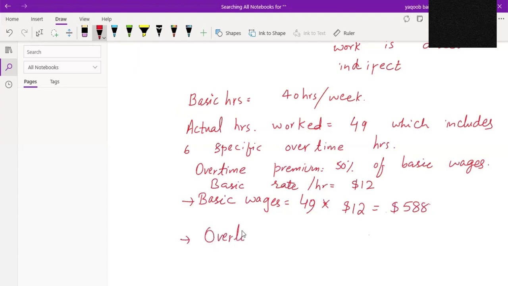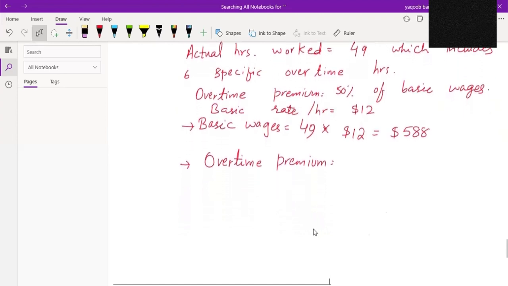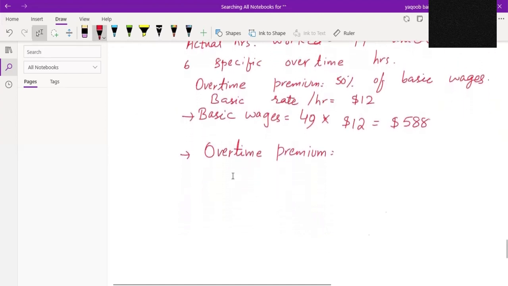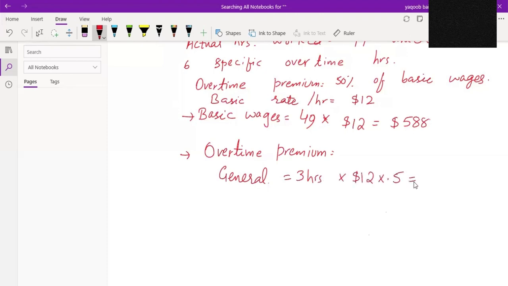Overtime premium. Now this overtime premium is divided into two parts. First is called general: 3 hours into basic rate 12 into overtime premium 50%.